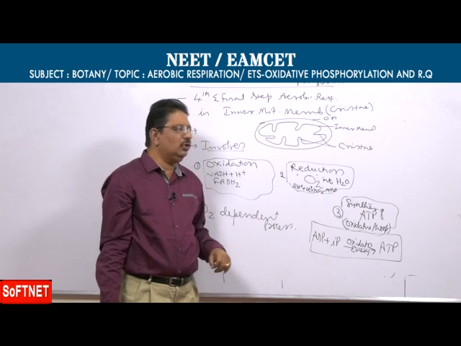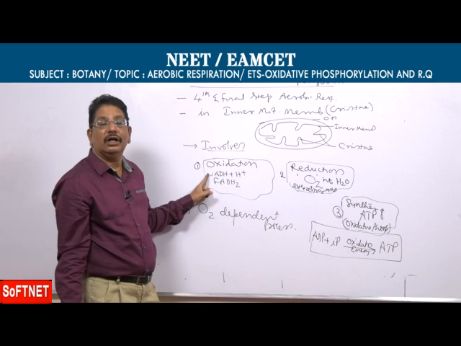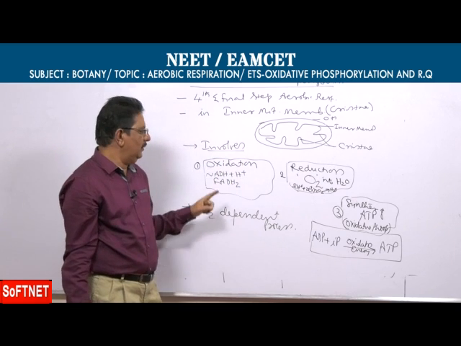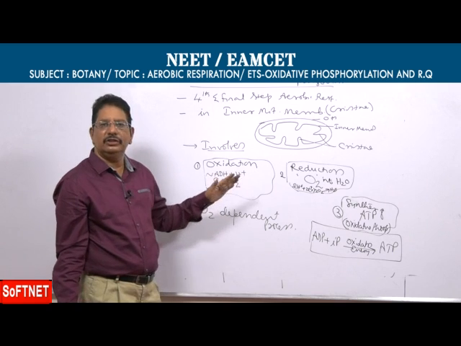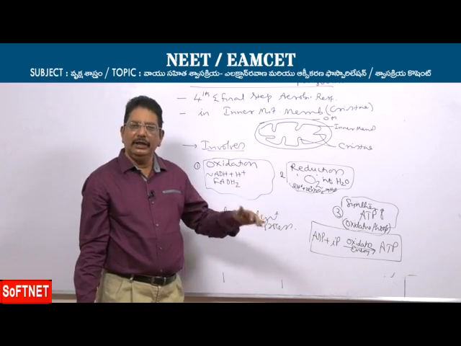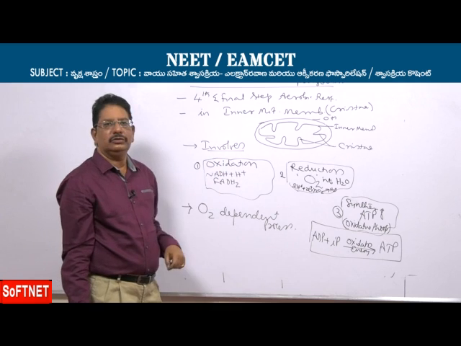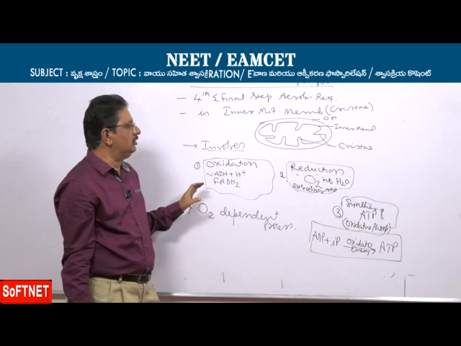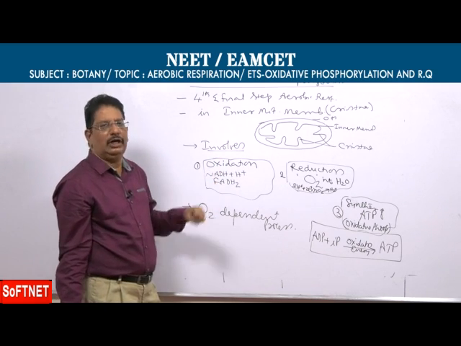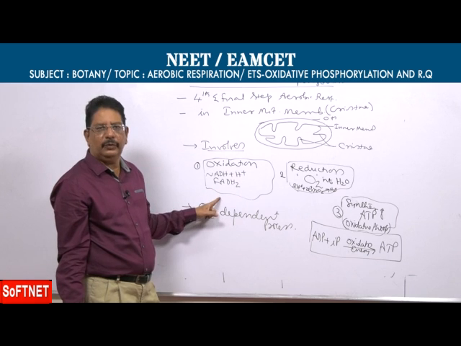As long as the O2 is available, the NADHs are oxidized into NAD pluses, and FADH2s are oxidized into FAD pluses, which are going to accept hydrogens from glucose again. So, continuous oxidation of glucose requires enough NAD pluses and FAD pluses.